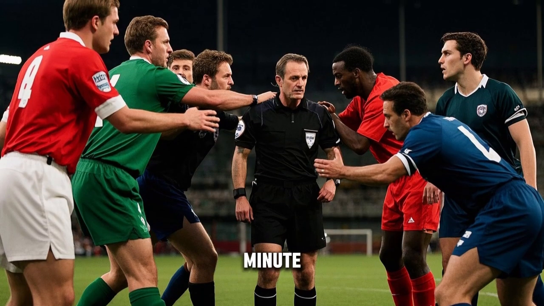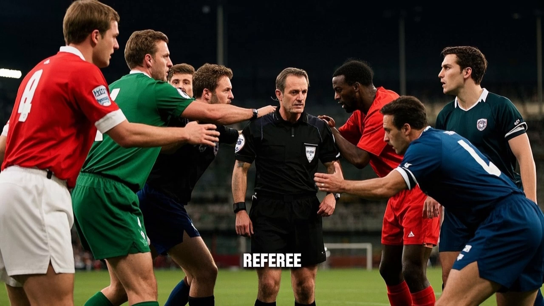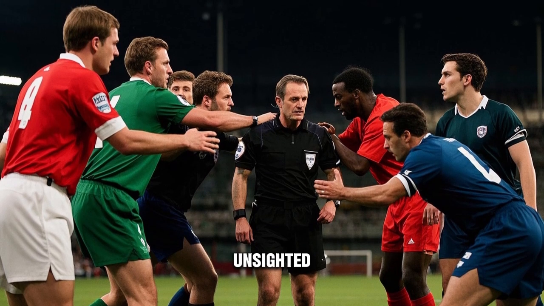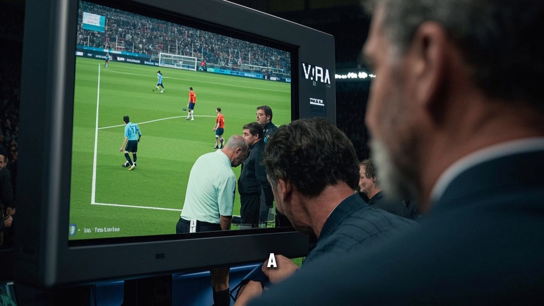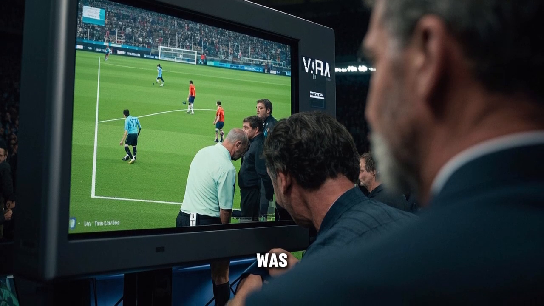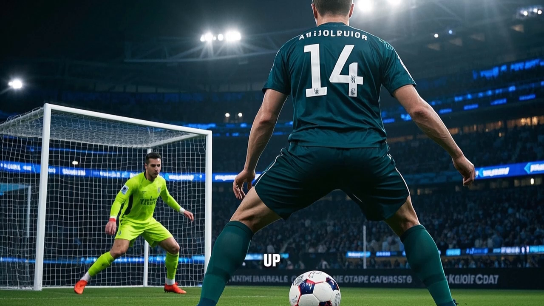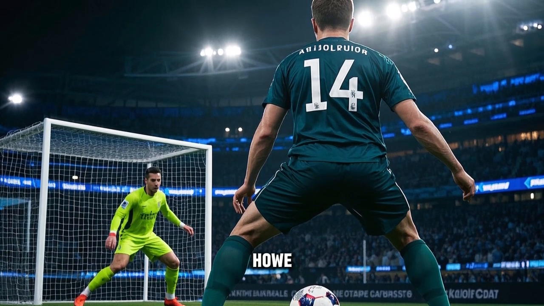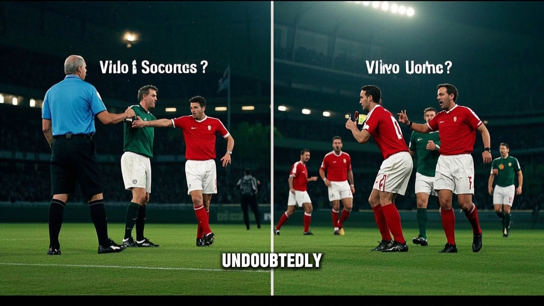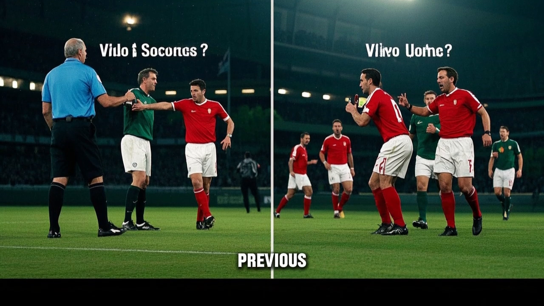In the 85th minute, Jack Grealish appeared to handle the ball in the box, but referee Jared Gillett was unsighted. Fortunately, VAR was on hand to take a look, and after a brief review, a penalty was awarded to the Magpies. Super sub Alexander Isak stepped up to send Ederson the wrong way and secure all 3 points for Eddie Howe's men. While this was undoubtedly a good use of VAR, the same couldn't be said for the previous incident.